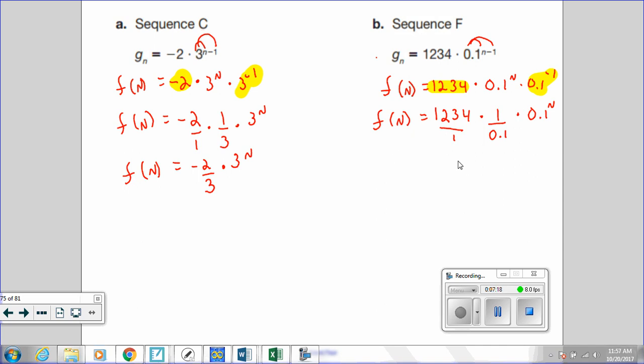Multiply across the numerator and denominator, and then divide the 1,234 by 0.1. And you get 12,340 times 0.1 raised to the n. Now we've got it converted into function notation.